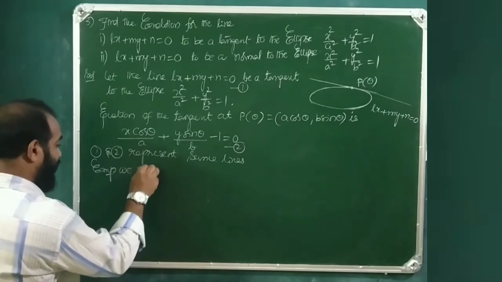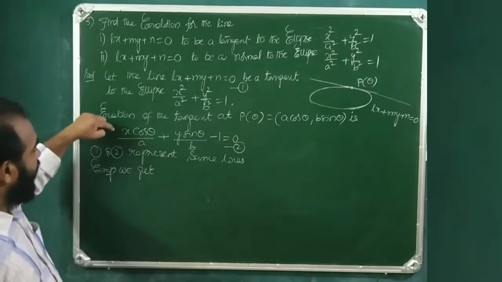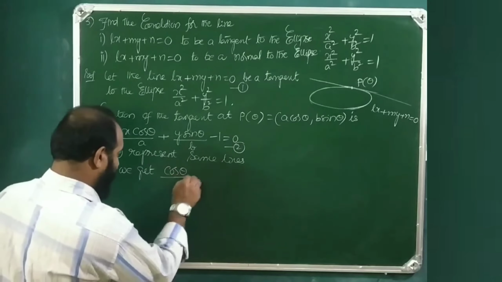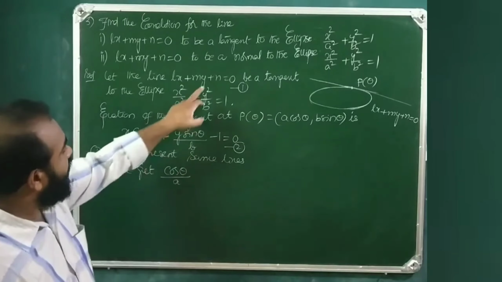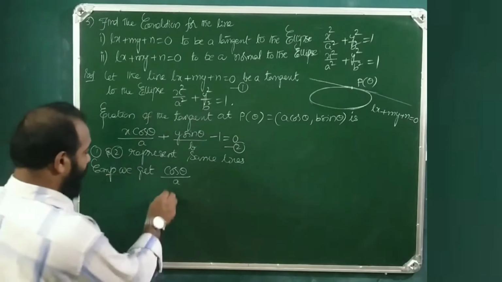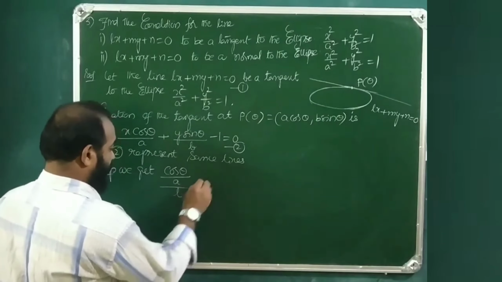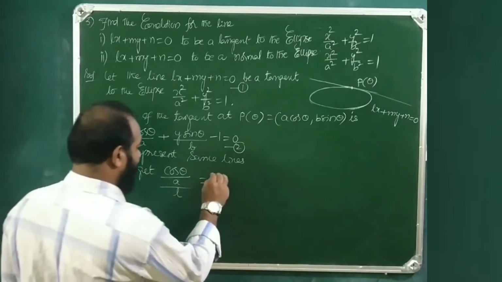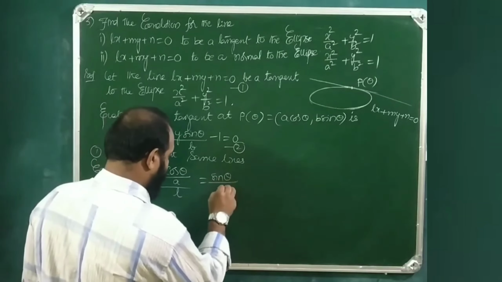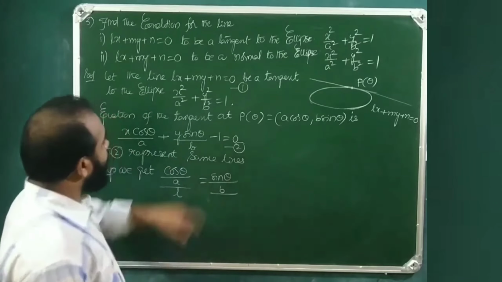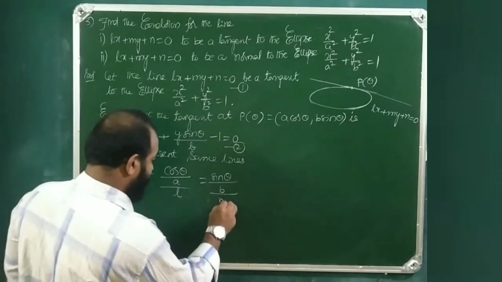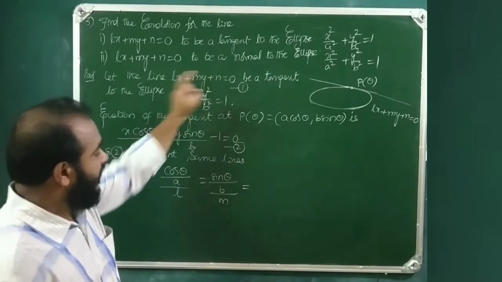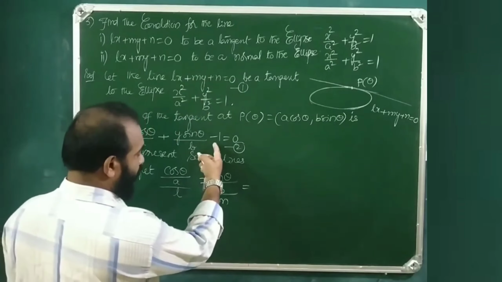So comparing, we get, here x coefficient is cos theta by a, by here x coefficient is l. This is equal to y coefficient is sin theta by b by y coefficient is m, is equal to, here constant is n, here the constant is minus 1.